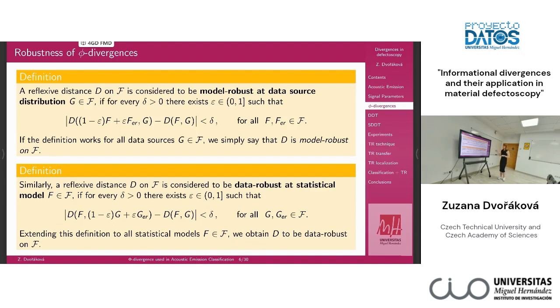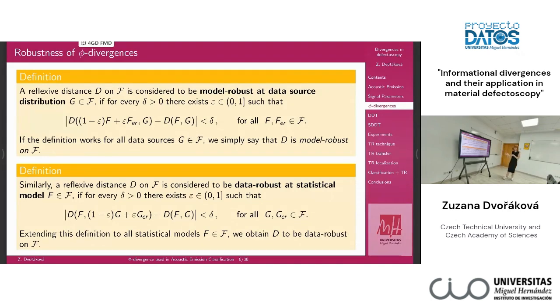Suppose that we have some reflexive distance or phi divergence on a set of cumulative distributions, and we say that it is model robust at data source distribution if we change a little bit the theoretic distribution of the data, then the divergence between source distributions and the theoretic distribution doesn't change so much.